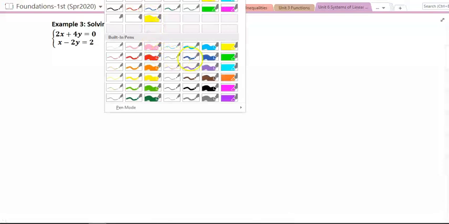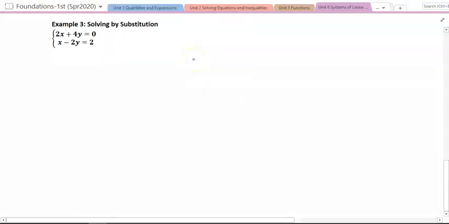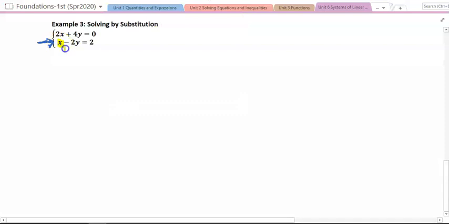Now, we can solve for any of them. I could choose to solve the first equation for either the x or the y. I can choose to solve the second equation for either the x or the y. But in this case, I'm going to look at the second equation and solve this for the variable that does not have a number in front of it. So I'm going to solve the second equation for x.